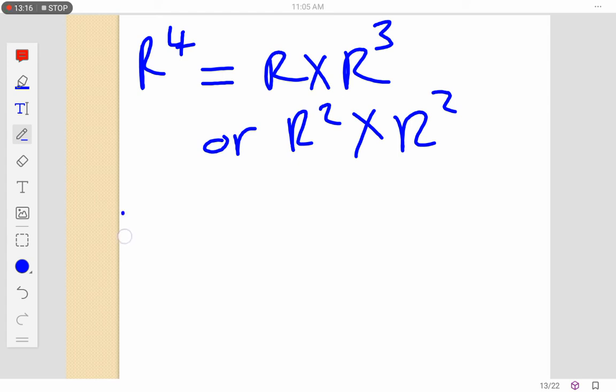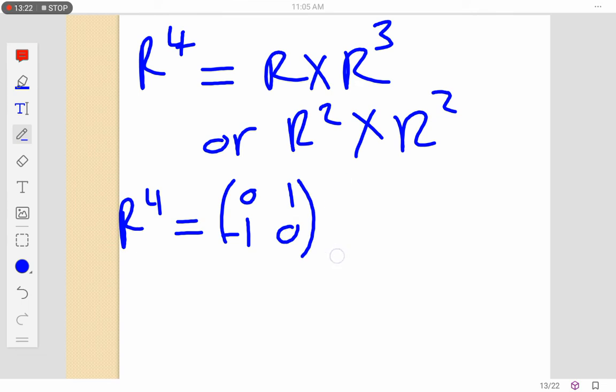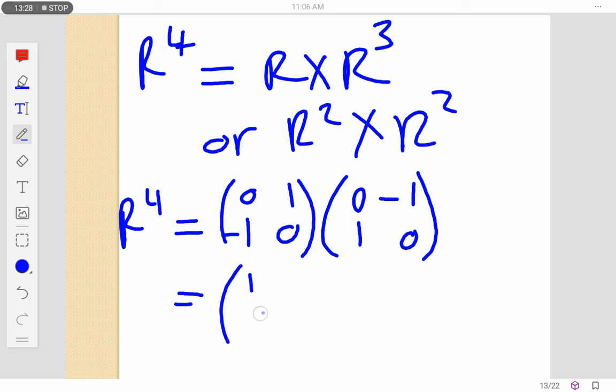I can have r to the power 4 as 0, minus 1, 1, 0, by 0, 1, minus 1, 0. And if I multiply there, I'll get an identity. Remember, for the first one, we got an identity. So this is how you get the matrices of rotation through 90, 180, 270, 360.